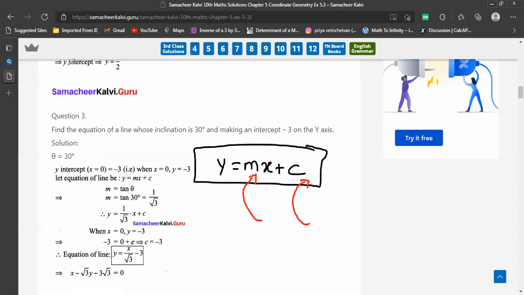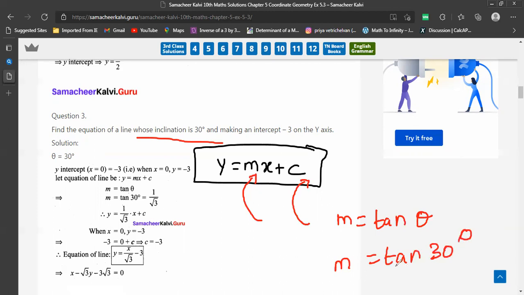So how will you find the slope? There is a clue. They said line whose inclination is 30 degree. So you can say m is equal to tan theta. So just substitute theta as 30 degree here. And what is tan 30 degree? It's 1 upon root 3.